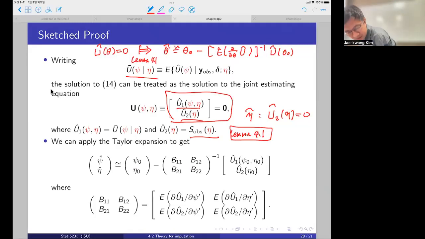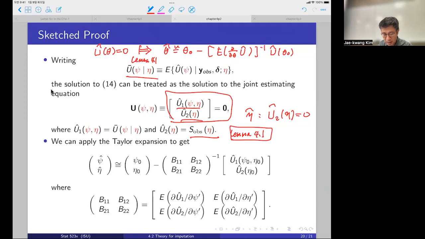And then the partial derivative is now a matrix because you have two equations and two parameters, right? So it's a 2x2 matrix. Basically you can write B11, B12, B21, B22.